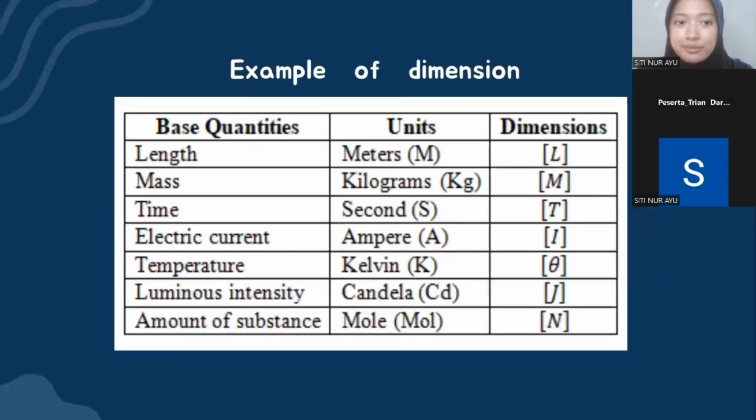For length, the unit is meter and the dimension is L. For mass, the unit is kilogram and the dimension is M. For time, the unit is second and the dimension is T. For electric current, the unit is ampere and the dimension is I, etc.